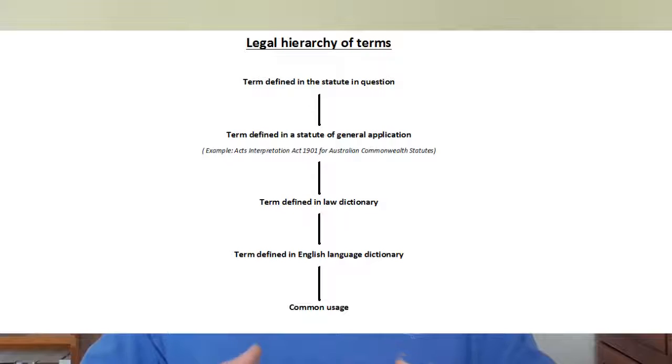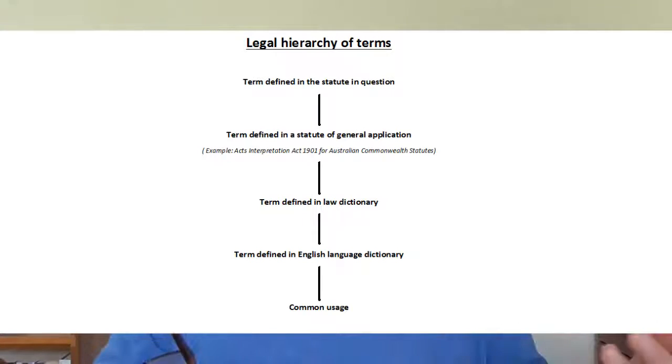I've drawn up a little chart here, the legal hierarchy of terms. This is to give you an idea of where you should go looking for what a particular word means in the law. At the very top of this tree, the first place you go, I've got there: term defined in the statute in question.